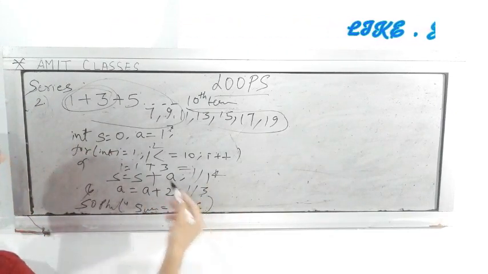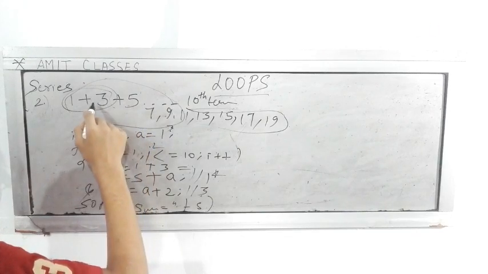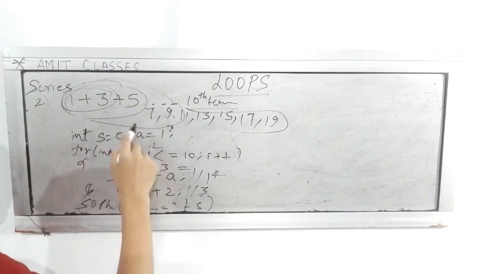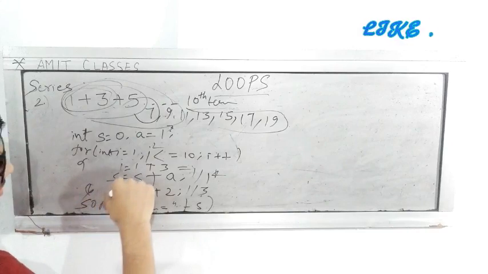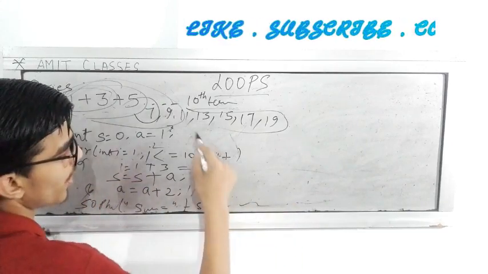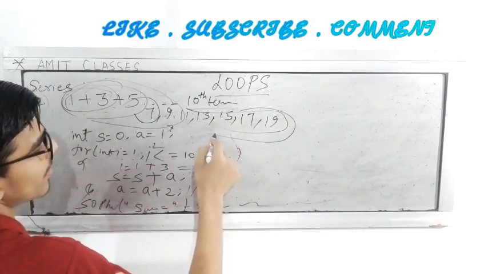If we go further, we will get 9. After this, we will get 16, and it will go on and print the sum of all the series.